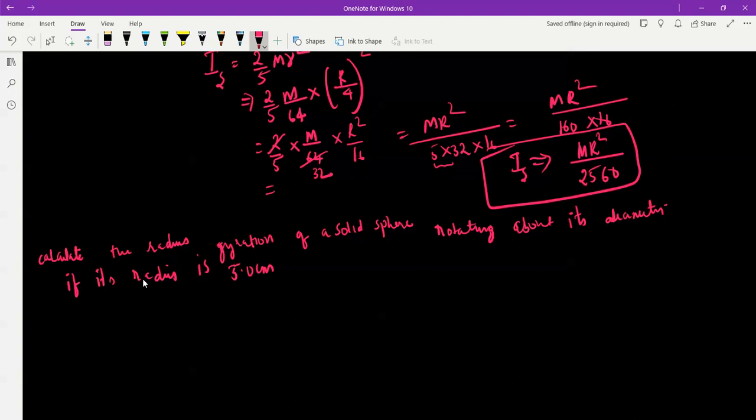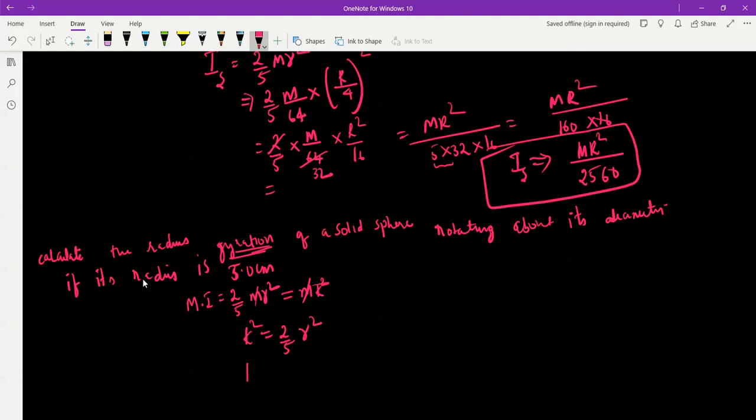Okay, so we have moment of inertia of a solid sphere is equal to 2 by 5 m r square. So calculate the radius of gyration. So radius of gyration means this moment of inertia should be equal to m k square. So now I can just write it as, m gets cancelled. So k square is equal to 2 by 5 r square.